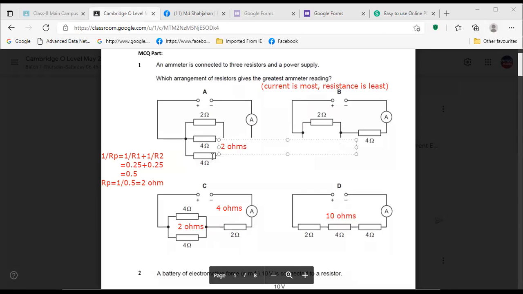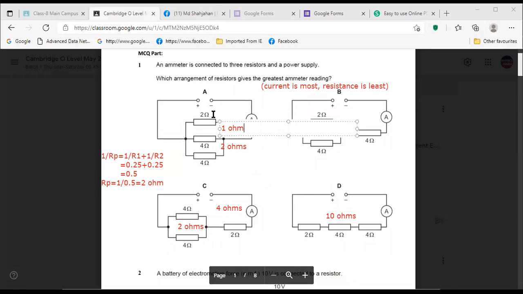And now these 2 ohms and the upper 2 ohms, they are again parallel. So here will be 1 ohm, right? So the total resistance of this circuit is 1 ohm.